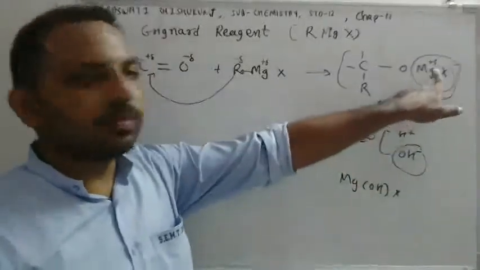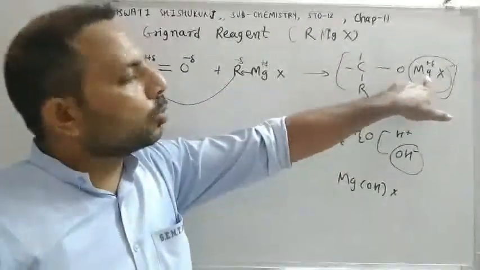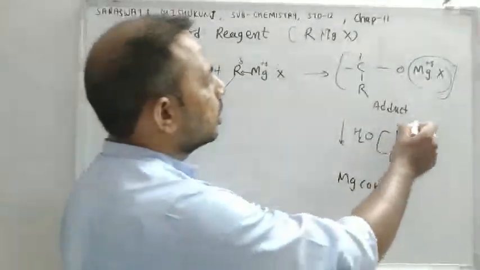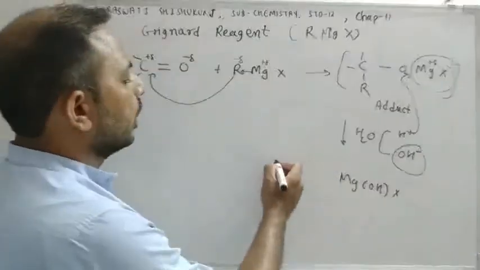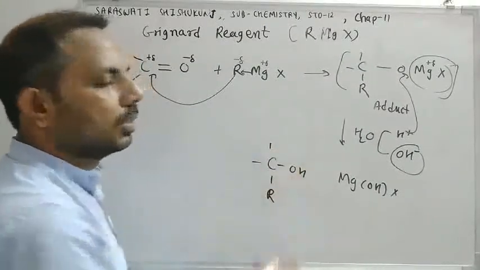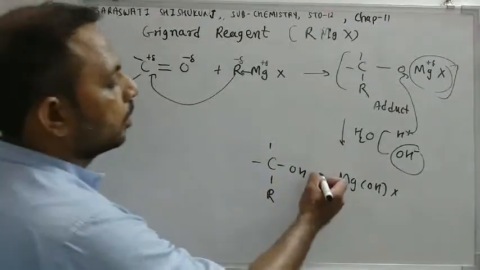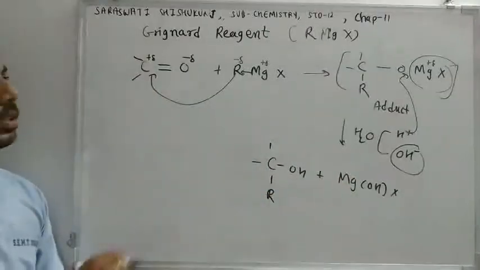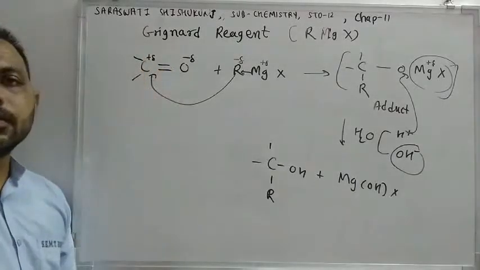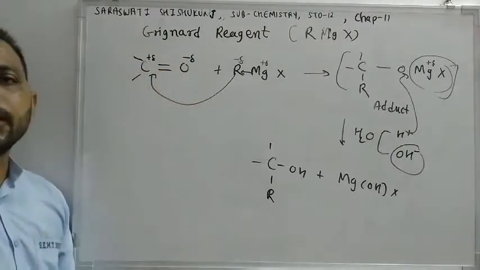This OH minus will join with Mg, so MgOHX is formed. This H plus will come here, so we will get OH like this. So we are getting alcohol. This is the general mechanism for the reaction of a carbonyl compound with Grignard reagent.